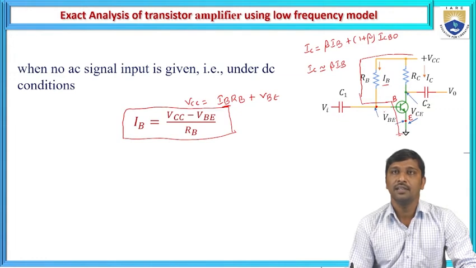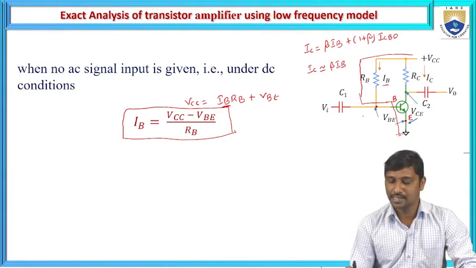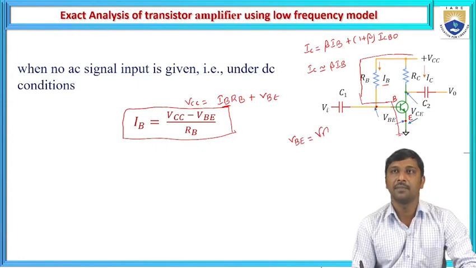And we know that when a PN junction is forward biased, the voltage drop across that junction diode is equal to the cut-in voltage. Hence, the voltage drop across this forward biased junction is equal to the cut-in voltage V gamma.